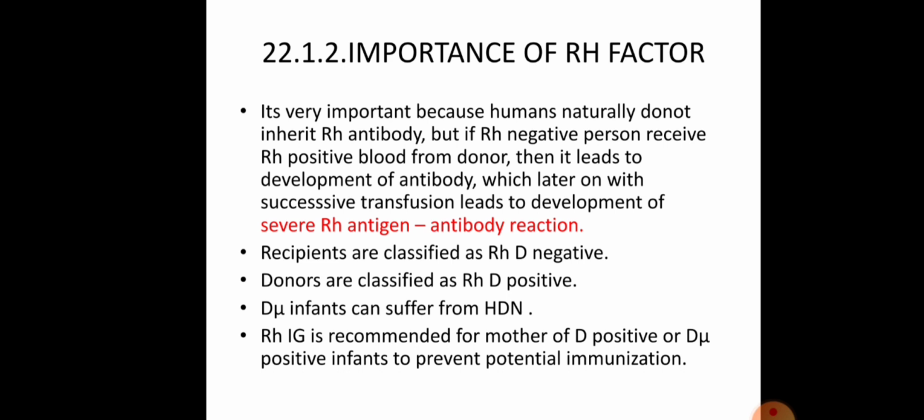Now, normally Rh immunoglobulin is recommended for the Rh positive or Du variant infant to prevent potential immunization in an Rh negative mother, because if the baby is Rh positive, then on a successive birth of another baby, the reaction can occur.